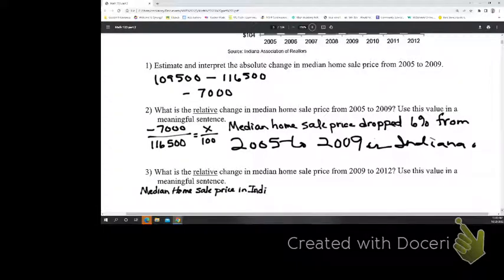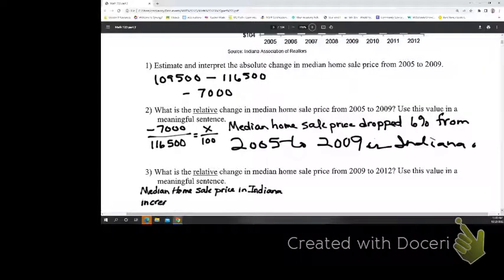I'm going to get all this stuff out of the way. I'm going to go ahead and say median home sale price in Indiana. Did it rise or fall over that time period?